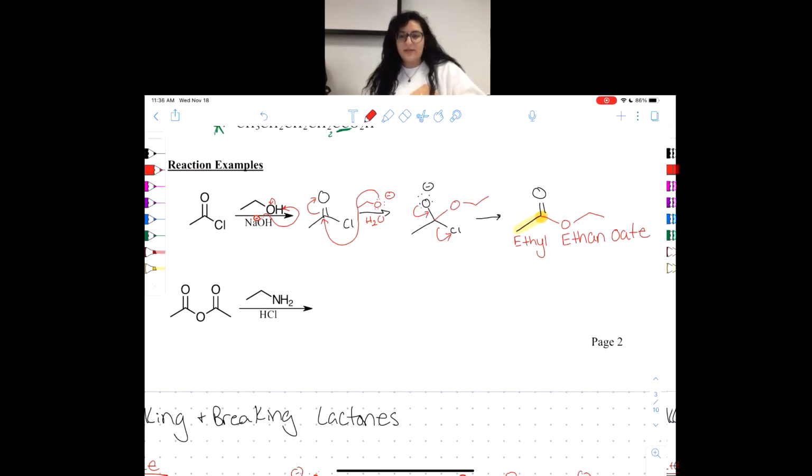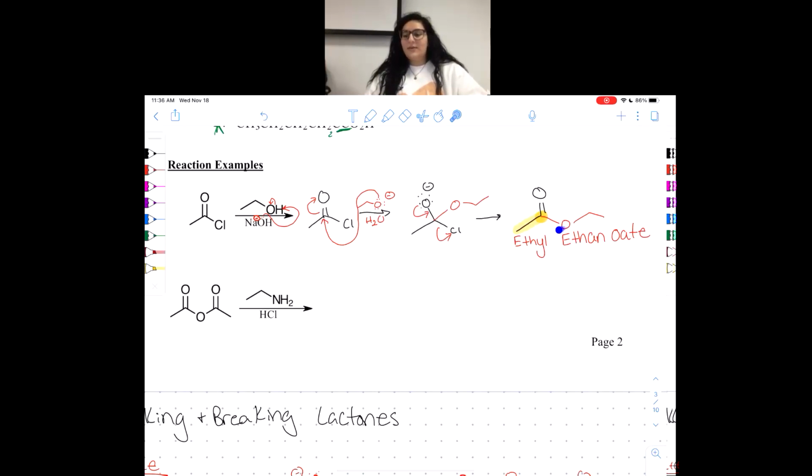And then someone asked another great question. Is there ever going to be a case where we don't add this "an" before the "oate"? I don't think so, and the reason I say that is because that's just the way we do things in IUPAC. We know we have a methane, right? When that is going to be before the parent chain, we just call it methyl, so we exchange that for the YL.